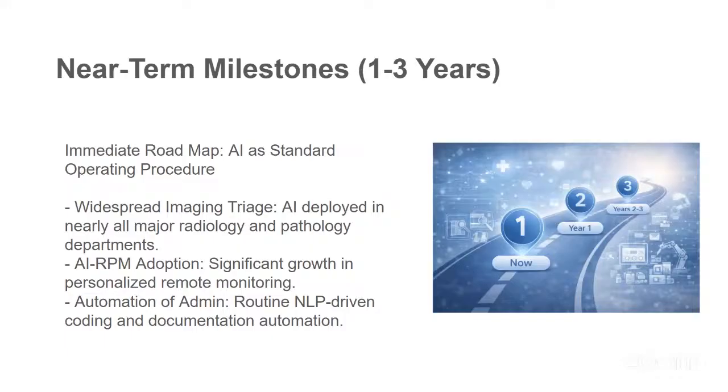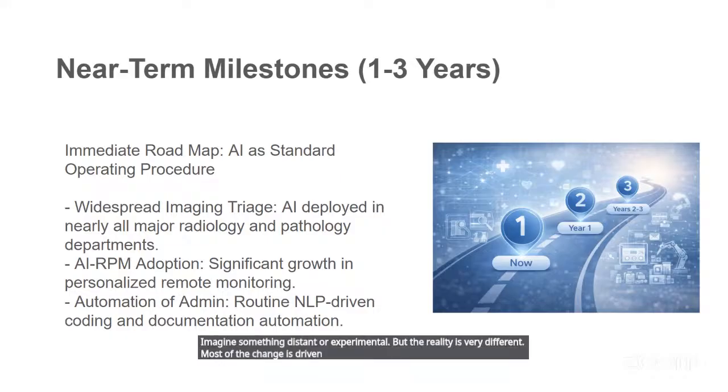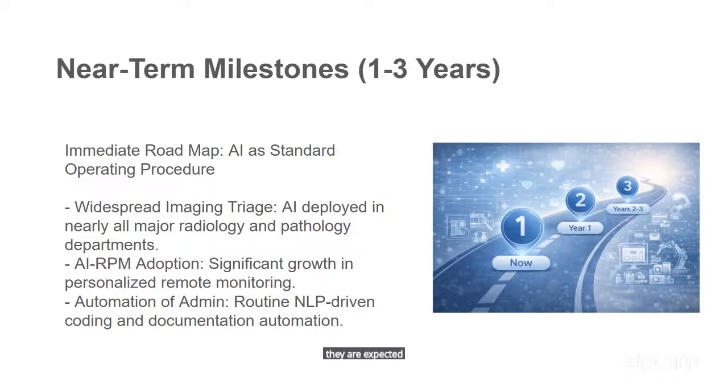And when we talk about the future of AI in healthcare, many people imagine something distant or experimental. But the reality is very different. Most of the changes driven by AI are not decades away. They are expected within the next one to three years. One of the most immediate milestones is widespread AI-based imaging triage.